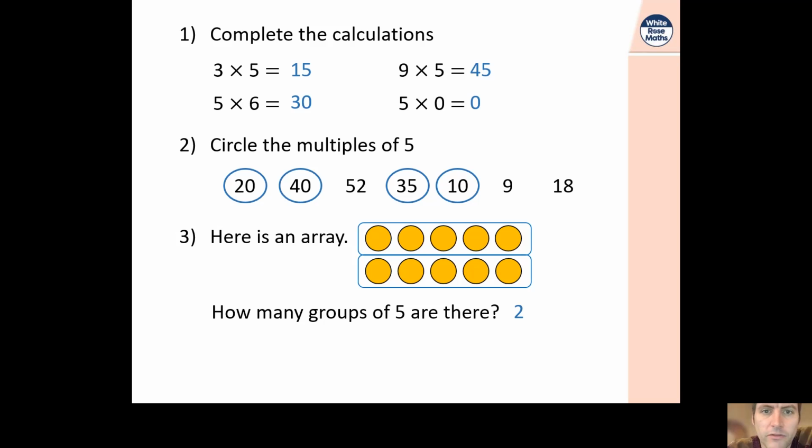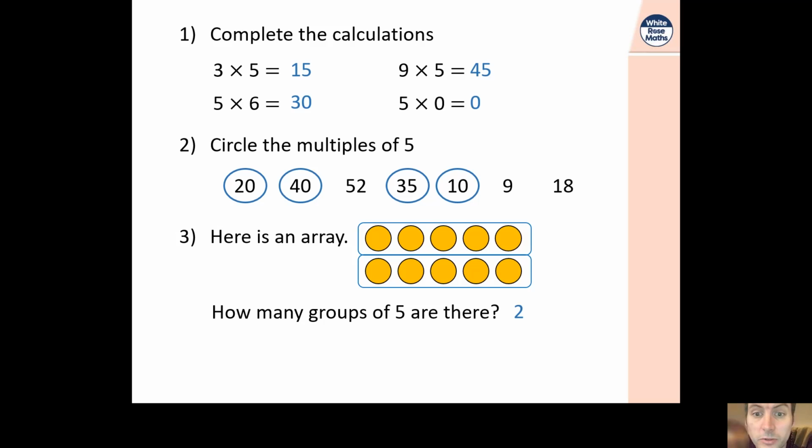For our multiples of 5, we'll have a look at the answers and then see if we spot a pattern about them. We've got 20, 40, 35, and 10. With 20, 40, and 10, see if you spot a pattern. I'm sure all of you have shouted the 1's value is 0, so well done.